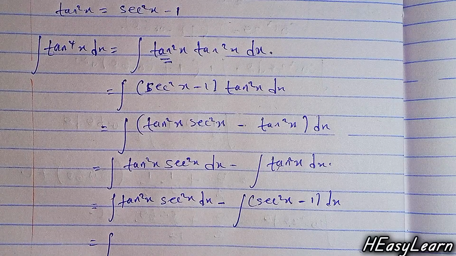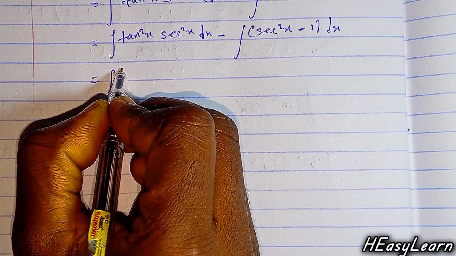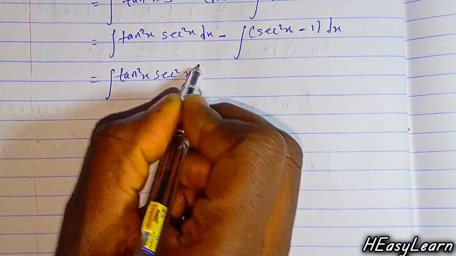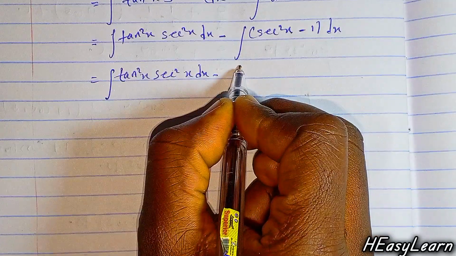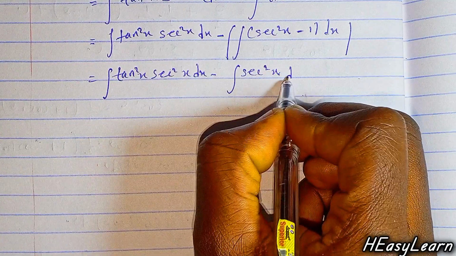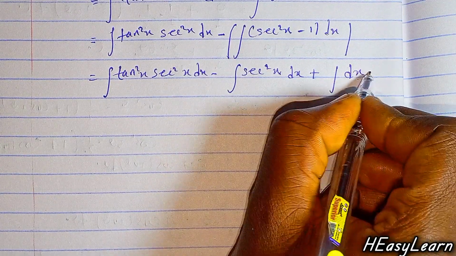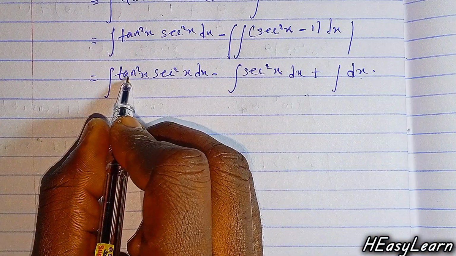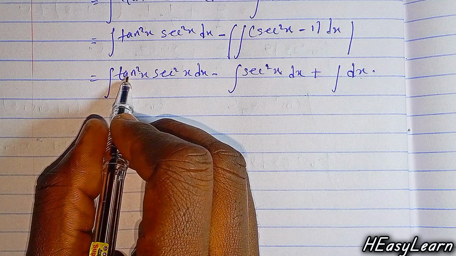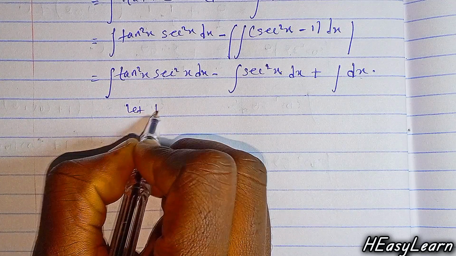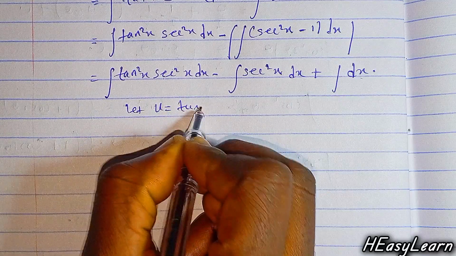We have the integral of tan square x sec square x dx minus the integral of sec square x dx plus the integral of 1 dx. What is this integration? Because from above we know the relationship between tan and sec, we let u be tan x.